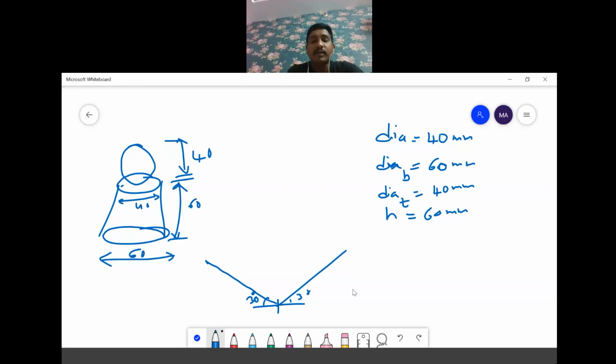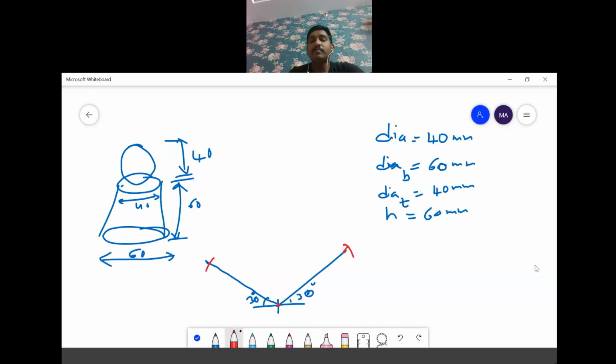After that, he has given the bottom diameter as 60 mm. So I will take this as a center, 60 as a radius, and cut an arc here. Similarly, I will take this as a center, 60 as a radius, and cut an arc here.